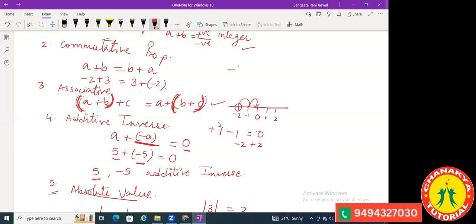Where have I reached? At 0. So this is 0. If I have 1 minus 1, I am stepping on 1. Then I move 1 step back, because this is minus here. So I've again reached 0.